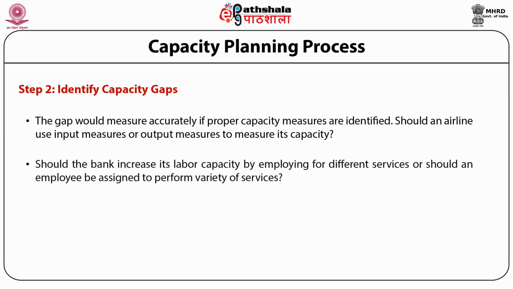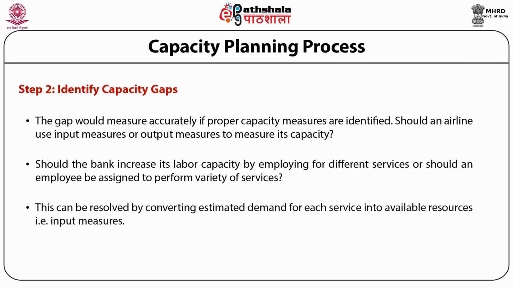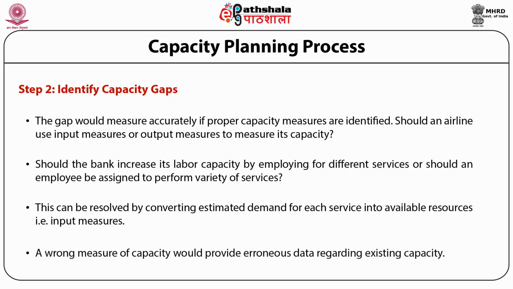Should a bank increase its labor capacity by employing people for different services, or should an employee be assigned to perform a variety of services? This can be resolved by converting estimated demand for each service into available resources, that is, input measures. A wrong measure of capacity would provide erroneous data regarding existing capacity.